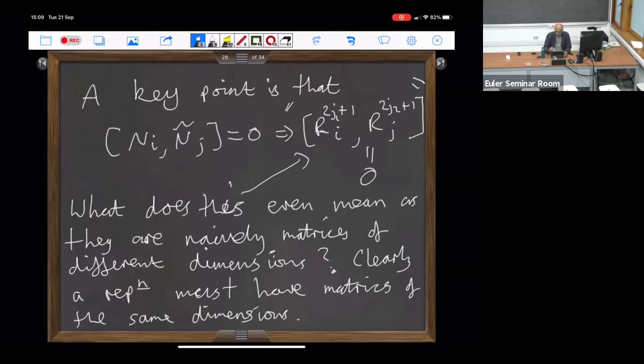So we actually have to construct these as n by n matrices of the same n, but somehow related to the SU2 representations, which have different dimensions.